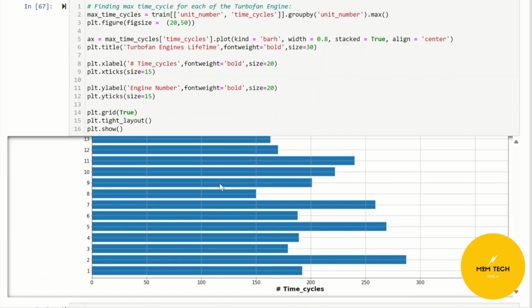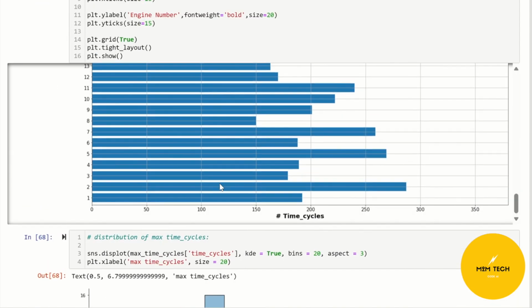And this is a visualization which shows the maximum time cycles that a particular engine has run for. So here we have time cycles on the x-axis and the engine numbers on the y-axis. This particular engine here, engine number 1, has run for a maximum of around 190 time cycles.